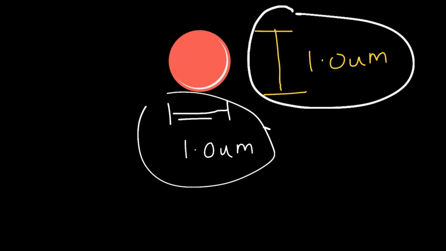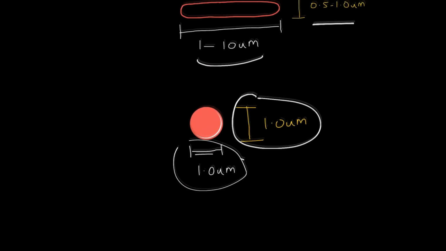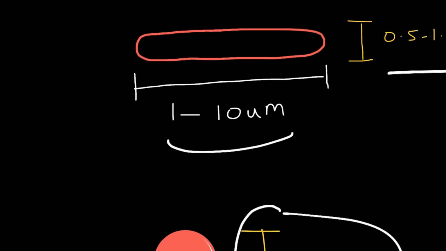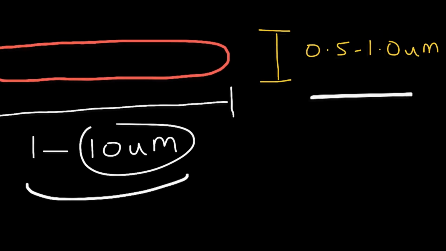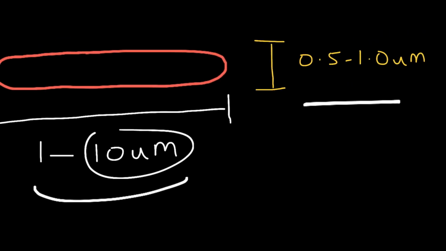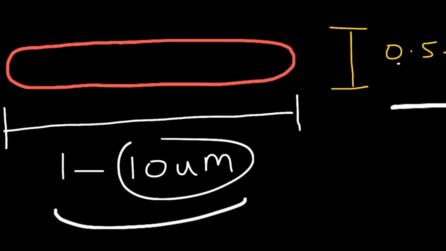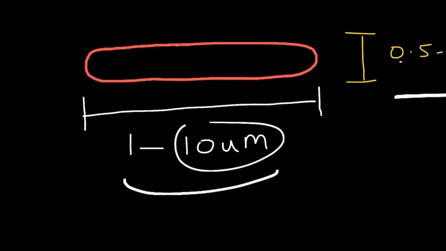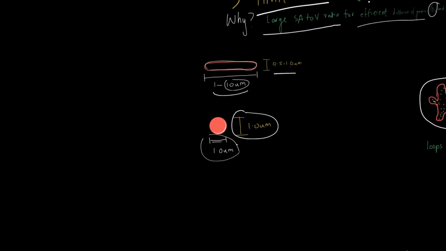Because it's 1 and 1, so the dimensions are exactly the same. However, if the length is the highest, say 10 micrometers, and the width is either 0.5 or 1 micrometer, this will become rod shaped, right? Because it's not equal, so there'll be more length and then shorter width. So this is how it's either rod shaped or circular shaped.